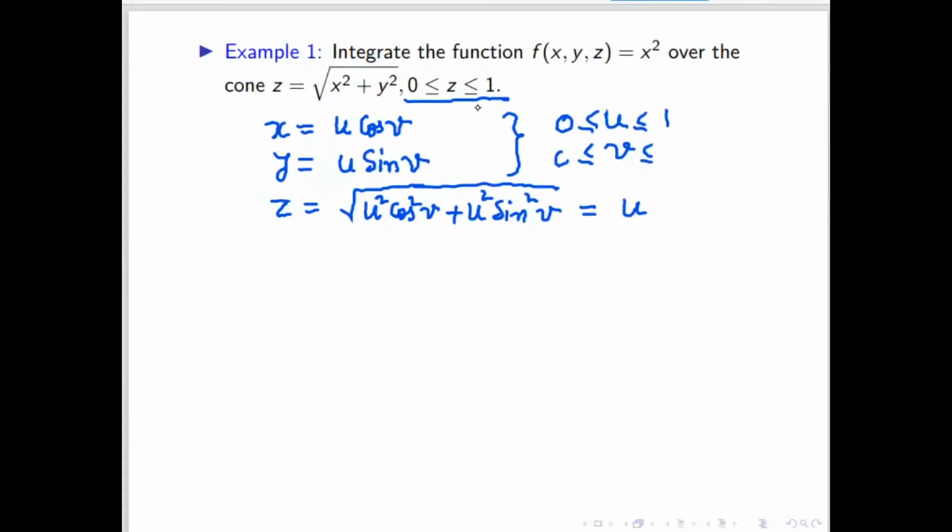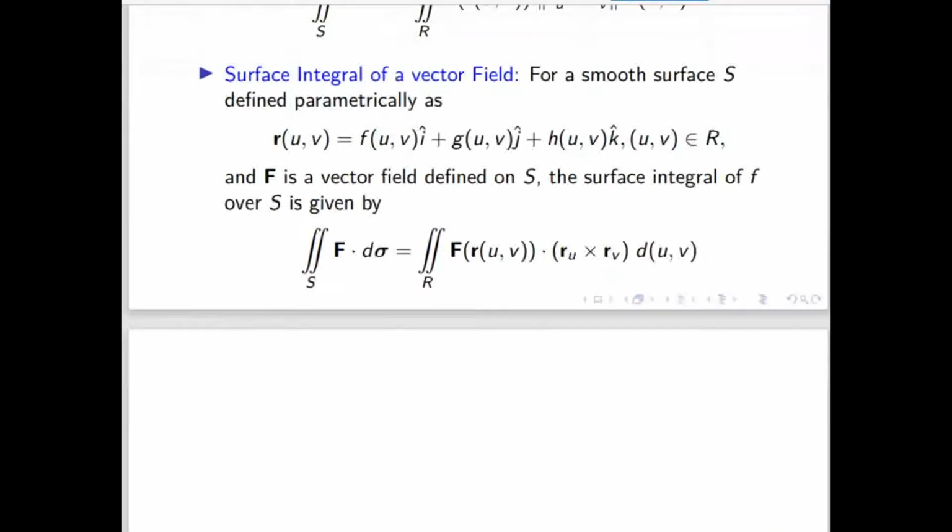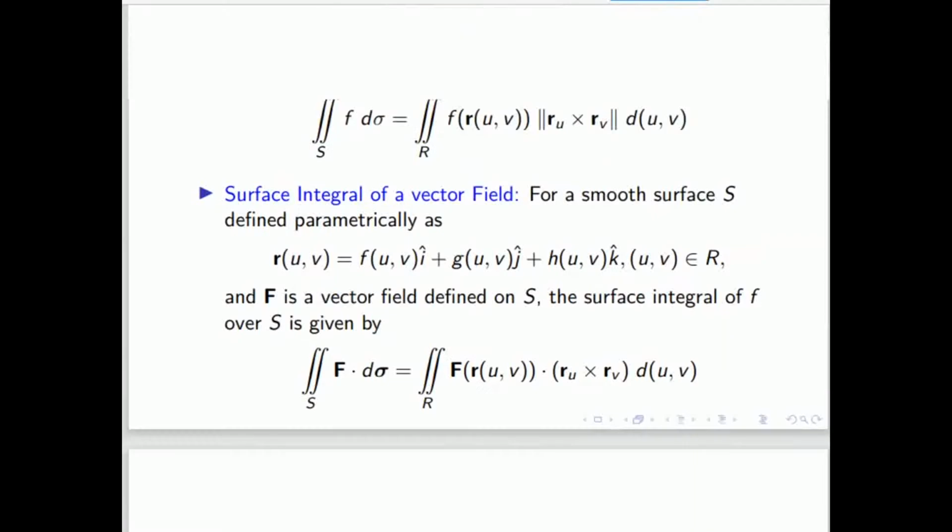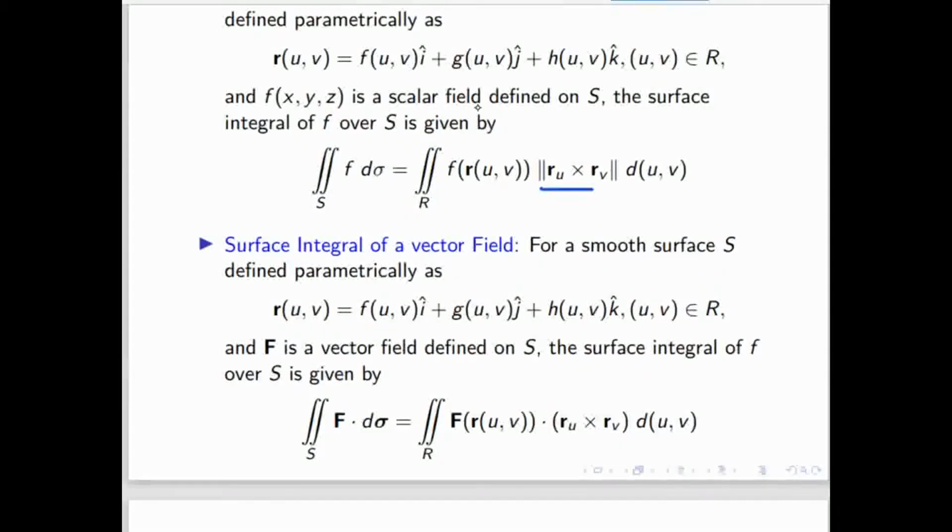Now in this formula we need ru cross rv, and because it is a scalar field we also need its norm. So we'll first calculate ru and rv. What is r? R means x i cap, y j cap, and z k cap.